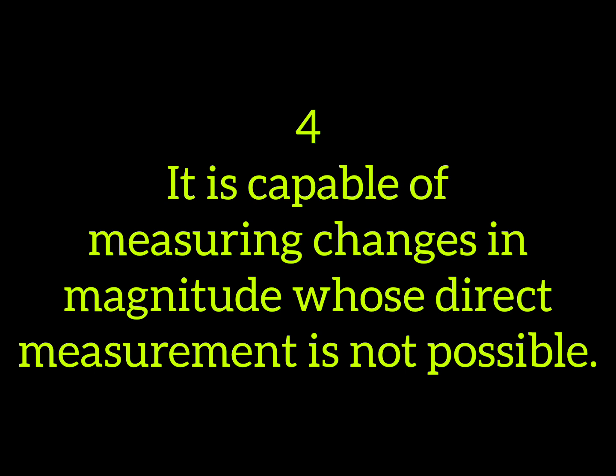For example, in cases like changes in business activity, cost of living, international terms of trade, etc., direct measurement of changes is not possible. In such cases index numbers can be of help. So it is the capability of measuring changes in magnitude whose direct measurement is not possible.